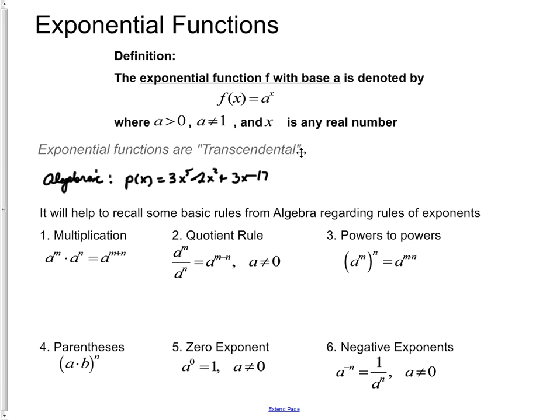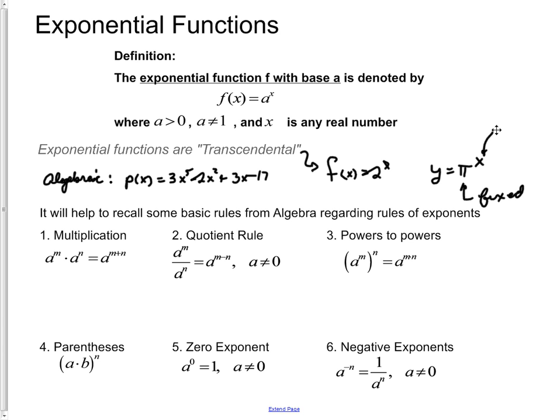A transcendental function, on the other hand, is a function where the function has a fixed base, like 2 to the x, or we could take the number pi and raise it to an exponent as well. That base is fixed, but the exponent is not.